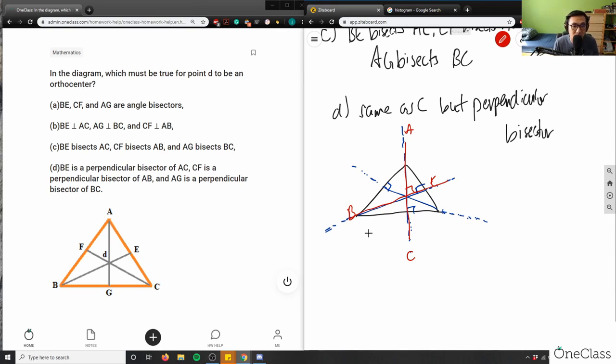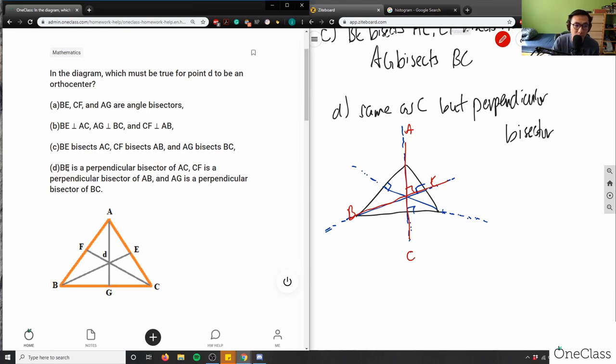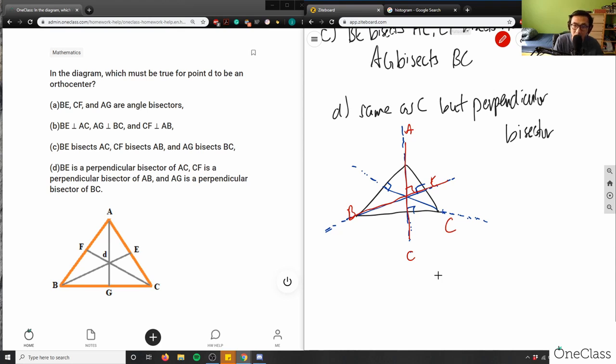a line here. So in this case, it's confusing with the wording, because BE is a perpendicular bisector of AC, and that's actually not correct, because if BE is a perpendicular bisector of AC, that doesn't make sense, right? I have AC here, it's just this line, right? From A to C is, oh, sorry, this here is G. Sorry, AC is this line.